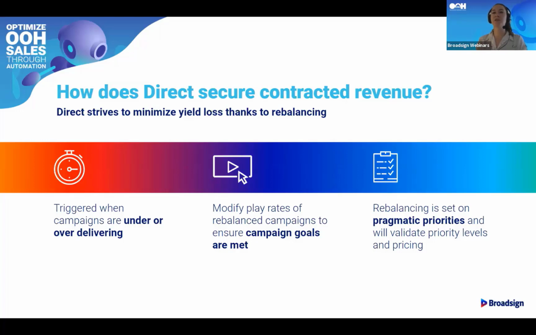And lastly, it's going to check your campaign price. So if you happen to have two campaigns with the same priority level, then the campaign that is bringing the most revenue is going to be playing, and the other is going to be rebalanced accordingly. So here the core goal is really to minimize your yield loss by ensuring that you meet your campaign goals.